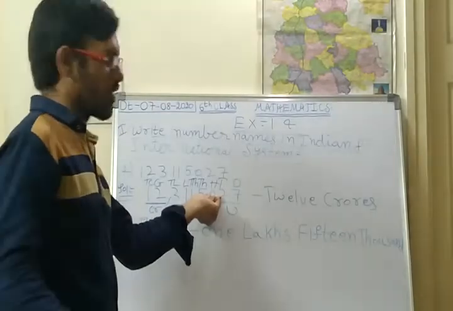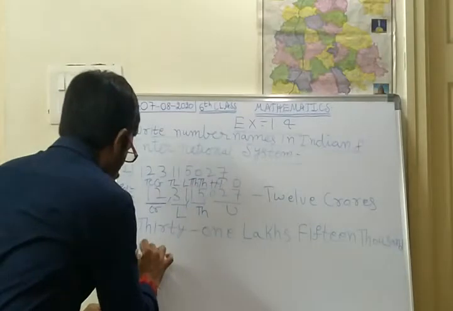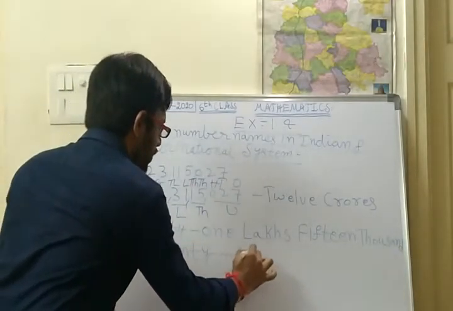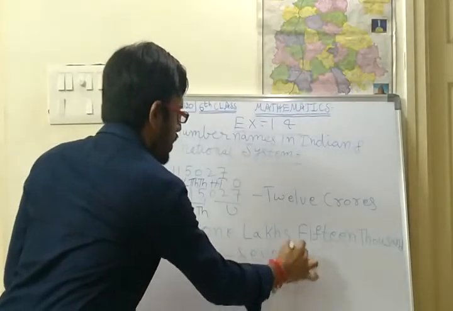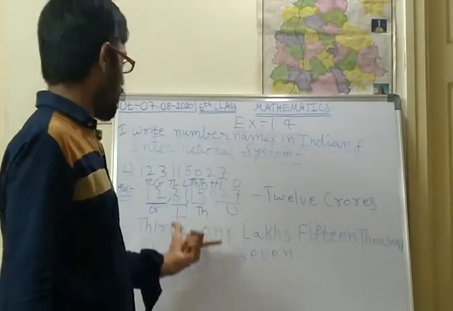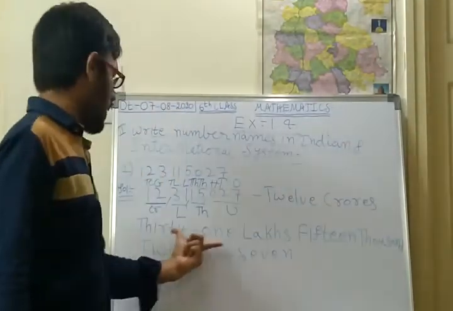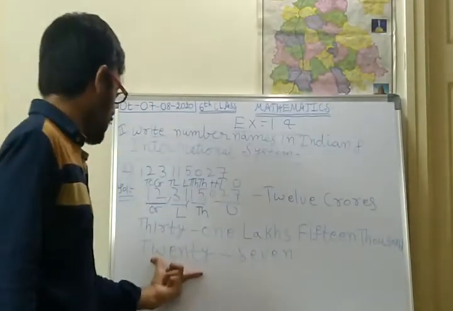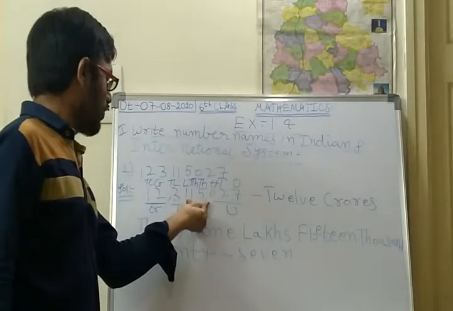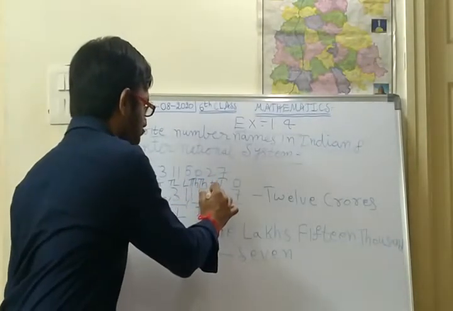Next, 27. Twenty-seven. This is the number name for this number in the Indian system of numeration: 12 crores, 31 lakhs, 15,000, 27. If any hundreds digit is there, suppose 9, then 927.